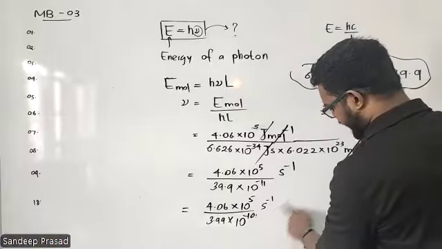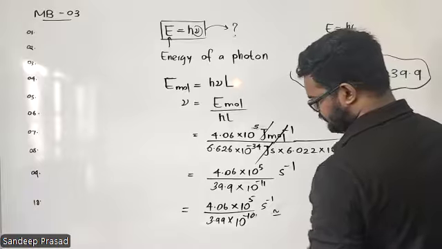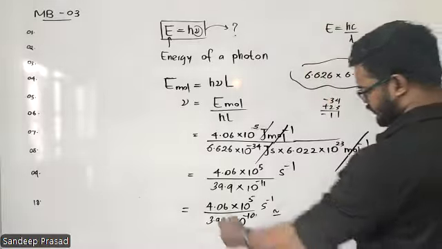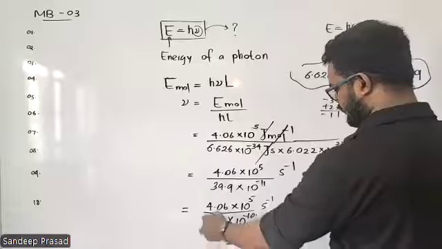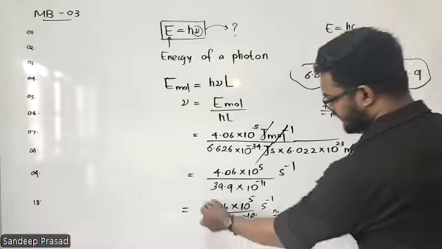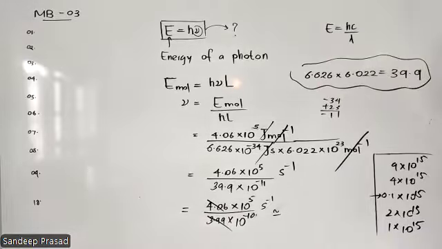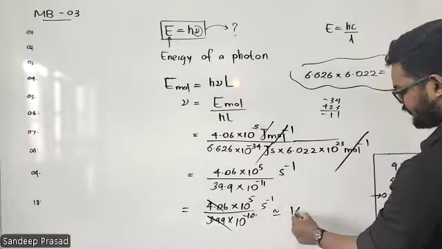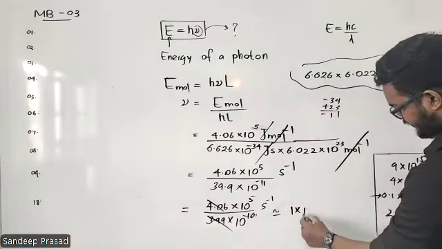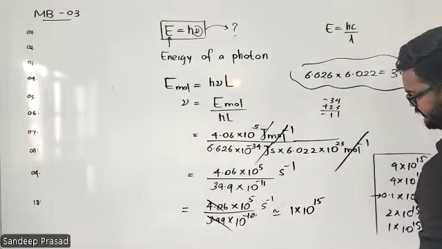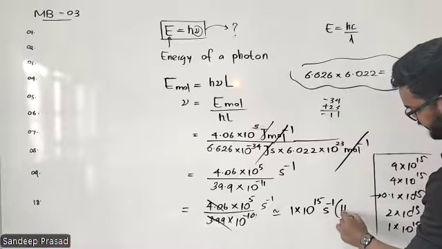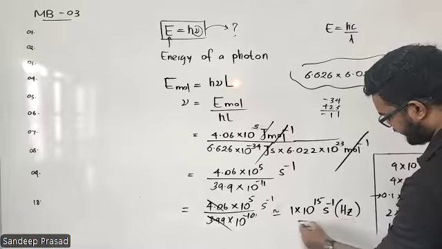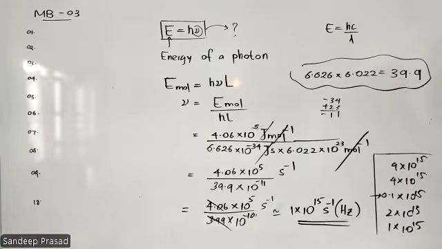Students, can't we say approximately 4.06 divided by 3.99 is 4.0? So we can cancel this, right? Then the answer is 1. The 10^-10 will go to the numerator as 10^+10. Then 10^15 per second. Per second means we can say hertz. So 1 × 10^15 per second, or else hertz.